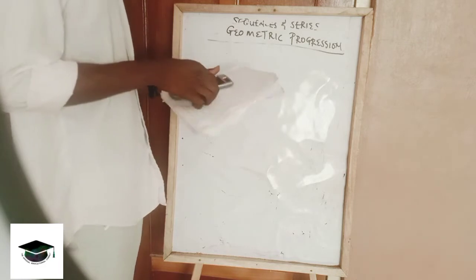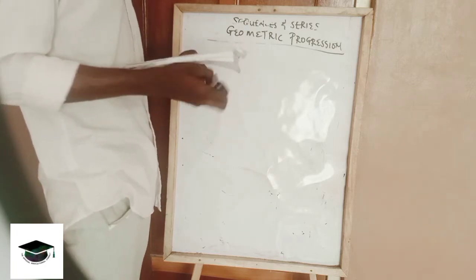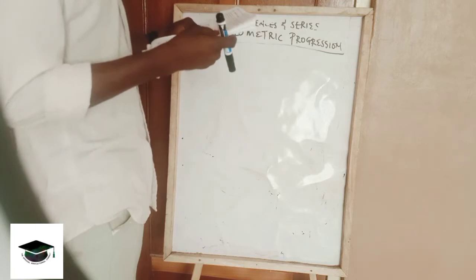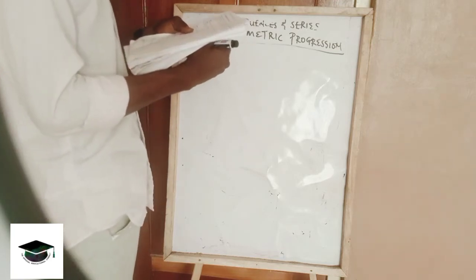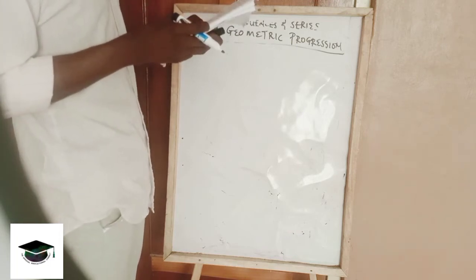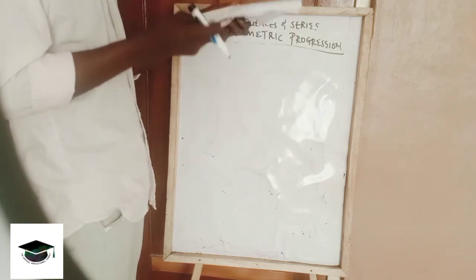Okay, so the first question we're going to be solving here is about the nth term part of it. Now it says, what is the first term? Okay, I'm looking for a question.